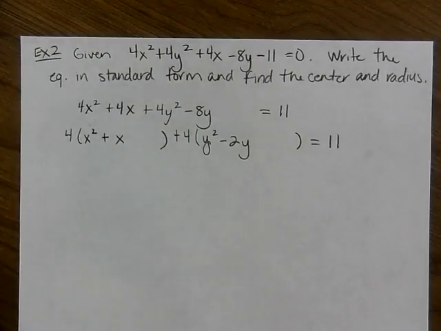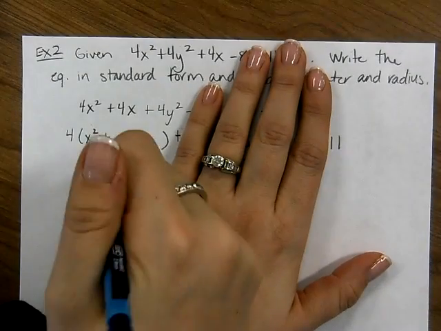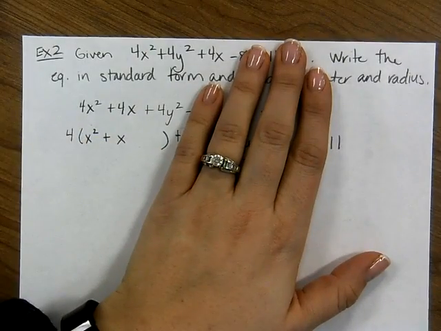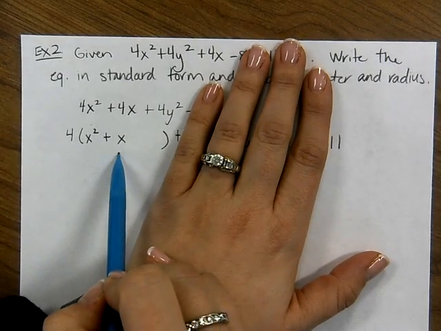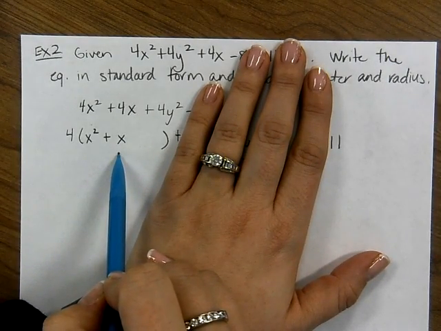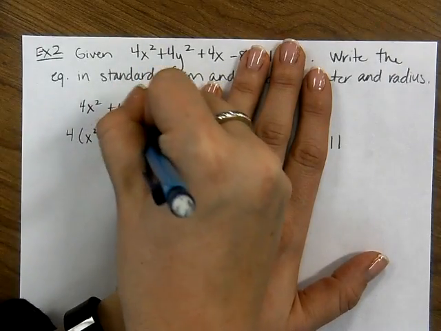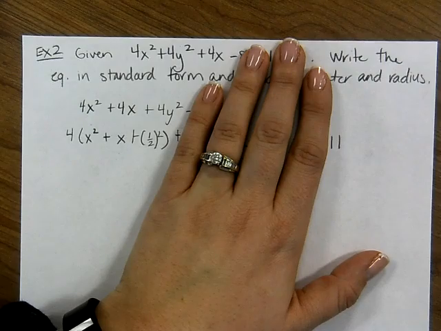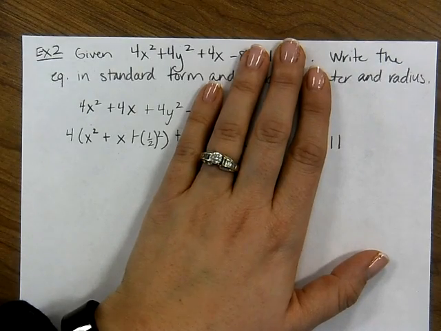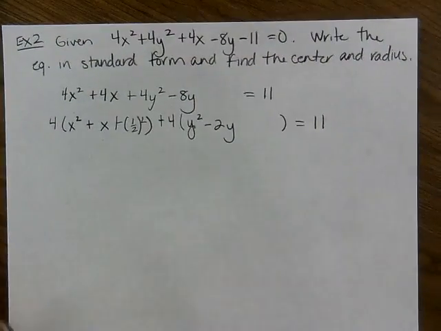So now I'm going to do the same thing again. I'm going to ignore all the y stuff, and I'm going to only look at the x. If I'm going to complete the square here, what do I have to do? I have to take half of that 1, so 1/2. So I'm going to add this 1/2 squared here. Okay, so now we got to think. We're still ignoring the y.